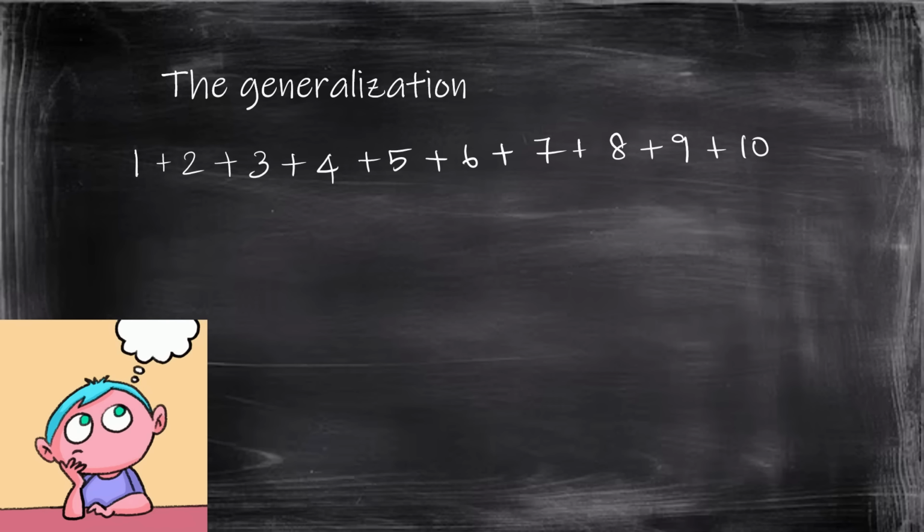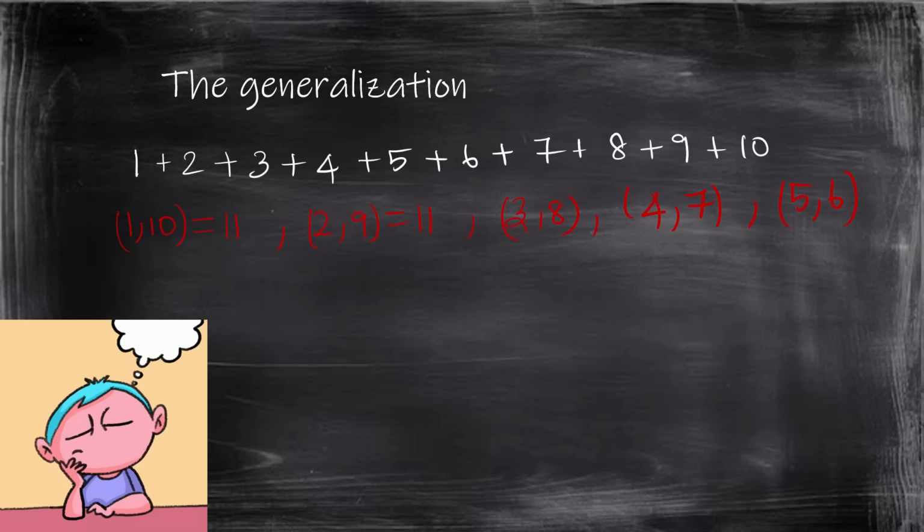That is, I am going to pair 1 and 10. When they add, I get 11. Similarly, I pair 2 and 9. When I add, I get 11. Similarly, I pair 3 and 8. When I add, I get 11. Similarly, 4 and 7 and 5 and 6.